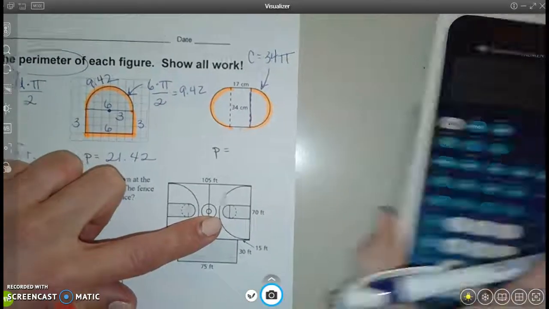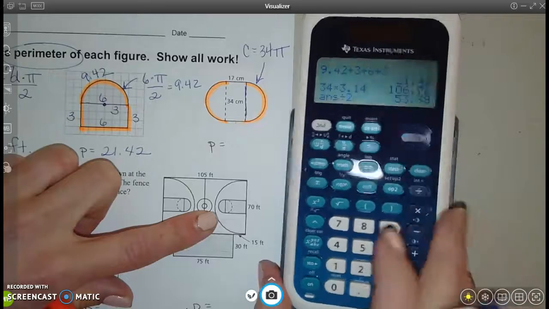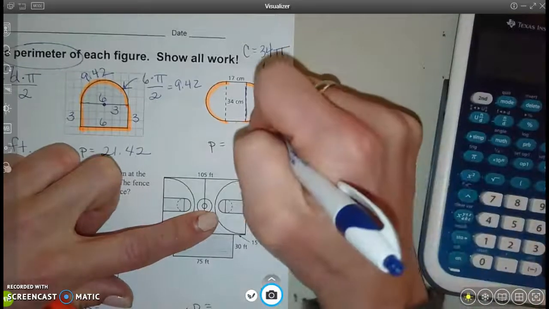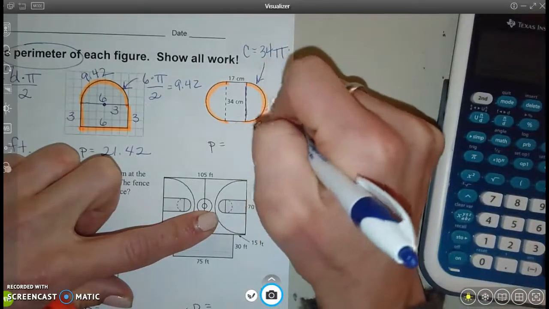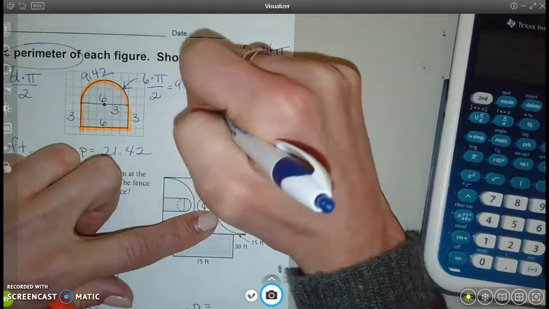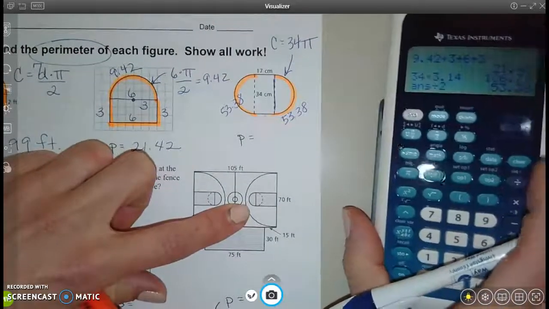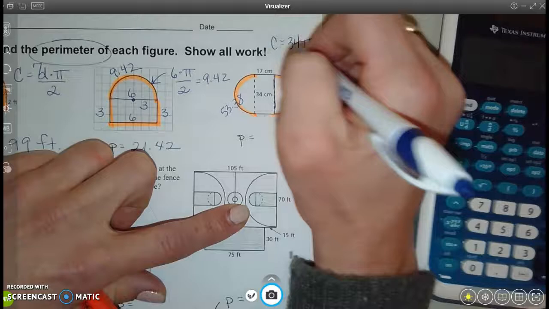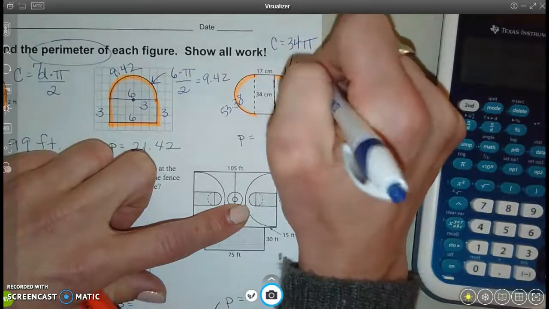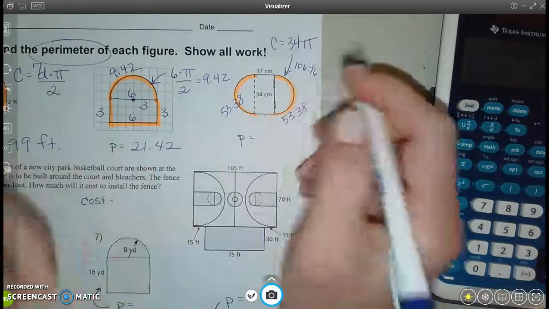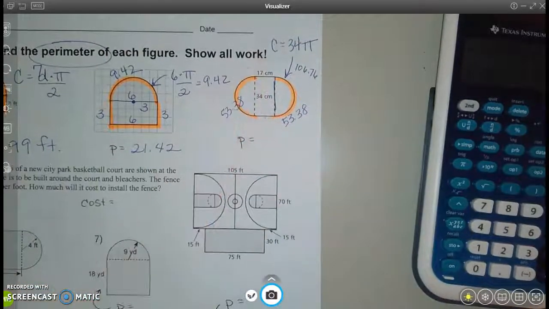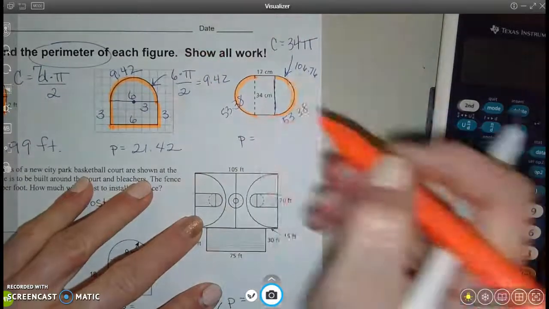Now, you could cut that in half, divided by 2, 53.38 here, and 53.38 there. Or you know it's just going to be that total, 106.76. Okay? Now, the reason we use a highlighter is to make sure we actually do the entire outside edges.